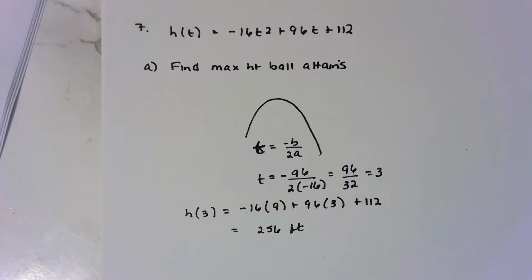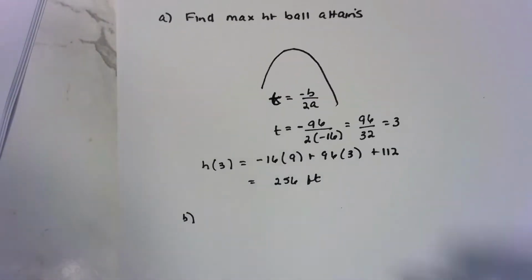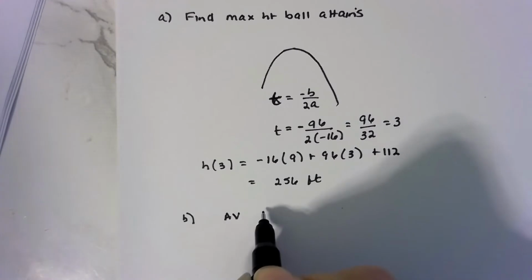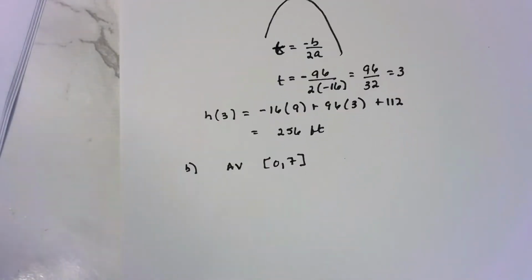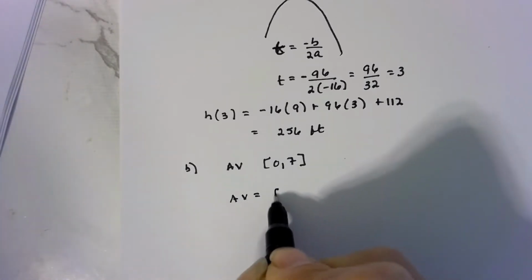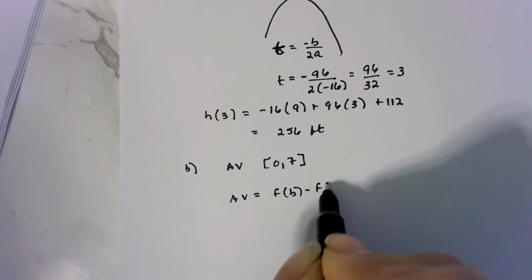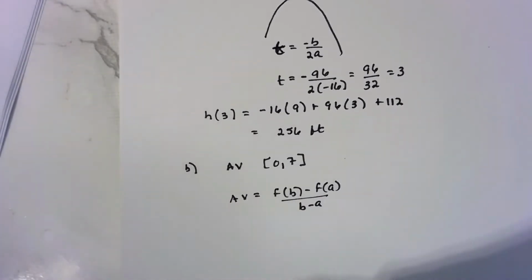Pretty cut and dry. In part B, we want to find the average velocity between t equals 0 and 7. Well, that's really simple too, right? Because we know that average velocity is equal to f of b minus f of a over b minus a, where a and b are the endpoints of your interval.